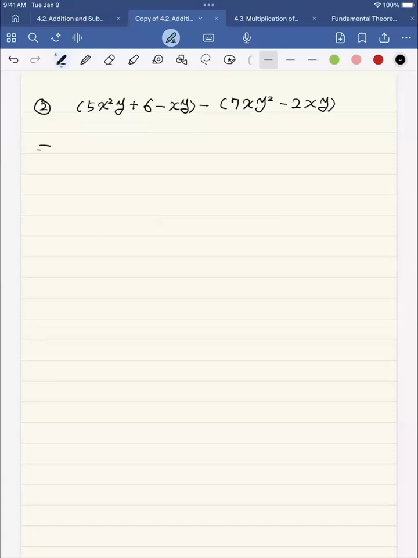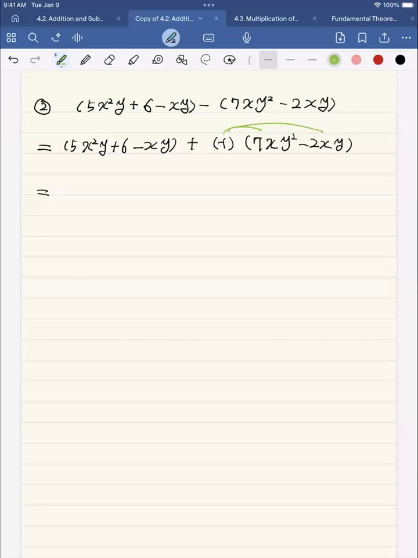The next problem is similar, but it has two variables. Let's rewrite this as 5x squared y plus 6 minus xy plus minus 1 times 7xy squared minus 2xy. Then, as we did, we have to distribute minus 1.